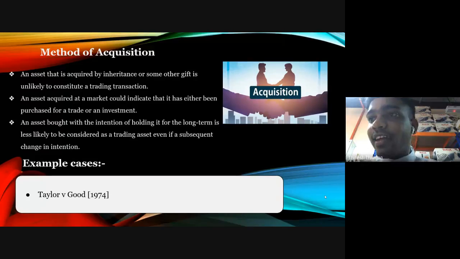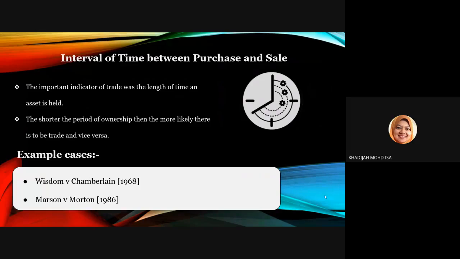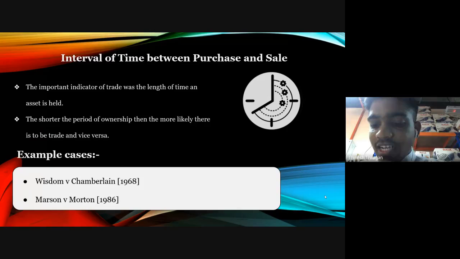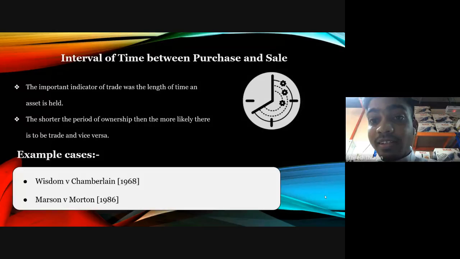Hold on, I just want to know, why is it that in the case of Wisdom and Chamberlain just now, normally in tax cases we see that the argument is between the taxpayer and the Inland Revenue, but here Wisdom and Chamberlain, are these taxpayers or what? Do you have any idea on that? Actually, Wisdom is the taxpayer, because Wisdom bought the silver bullion.